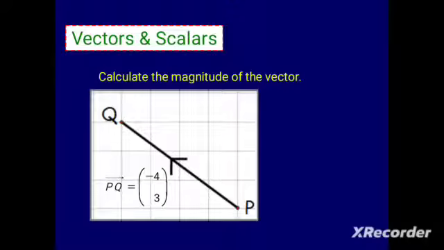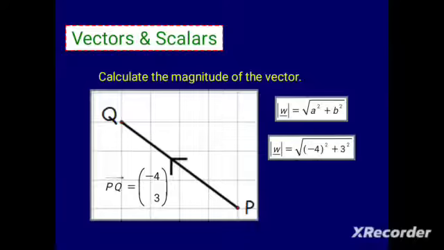Now number 2, calculate the magnitude of the vector. The vector here is PQ with now different coordinates, that is -4 and 3. The magnitude of vector w is equal to the square root of a squared plus b squared. Then we substitute the real values of the letters, because we have the coordinates.